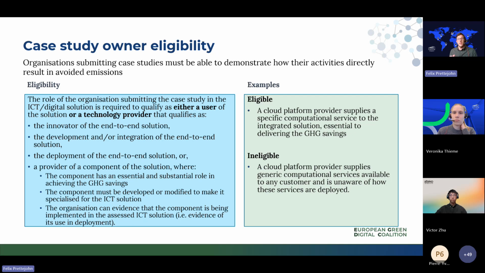The component must be developed or modified to make it specialized to the ICT solution. So it's not a generic component that could be used in lots of solutions where some solutions have benefits and some solutions don't. And the organization can evidence that the component is being used in that solution.